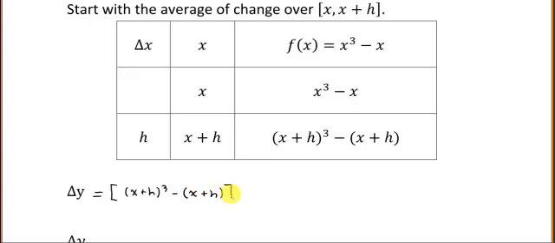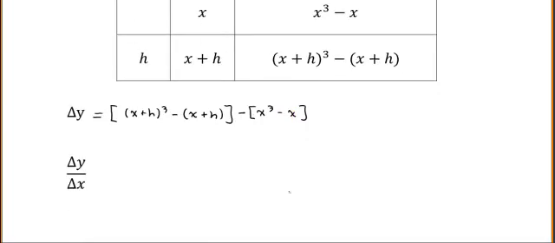This is f of x plus h. All right, and we'll subtract the quantity x to the third minus x. Again, we have to subtract all of f of x, so I put it in grouping symbols so we know that we're subtracting the entire thing. Again, if you forget those grouping symbols, you will change the sign on this last term.